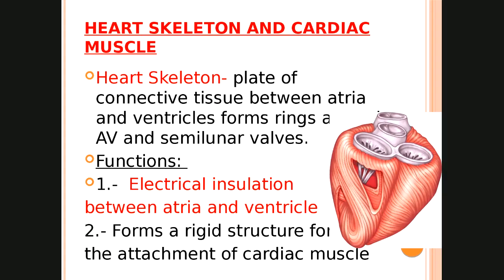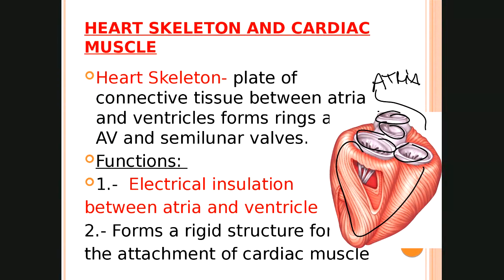Okay. Moving on to other matters, this here is a depiction of what we call the heart skeleton. The heart skeleton is the layers of valves, and valves are made of connective tissue. So these are the layers of connective tissue that offer an electrical insulation between the atria above and the ventricles below, so that when the action potentials travel through the atria, they are not going to begin traveling immediately into the ventricles.